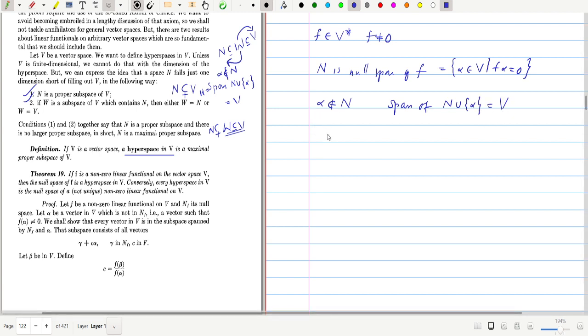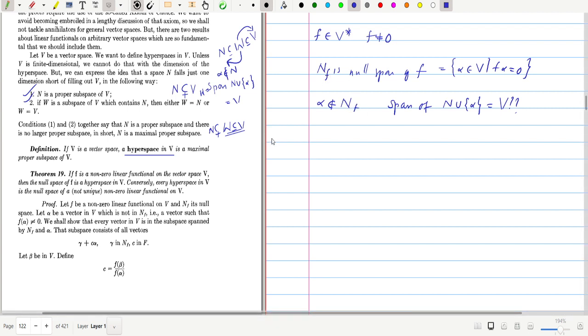Now we start with an alpha not in N. I'll call N_f the null space of f.